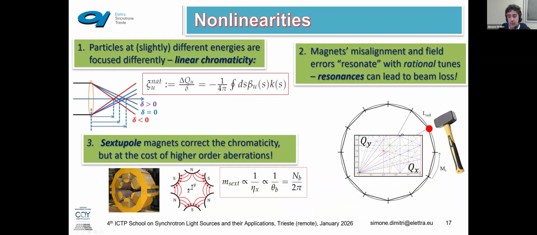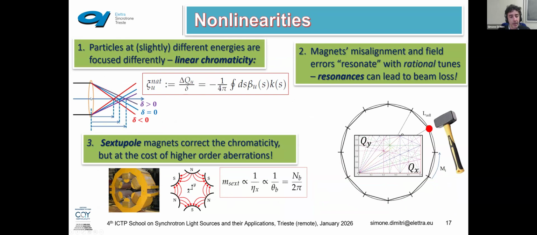Now, the point, and I will stop here before making a break, let's recall the importance of this betatron tune parameter and associate it to the typical perturbations in a synchrotron light source. We said that particles are focused by a quadrupole magnet, right?